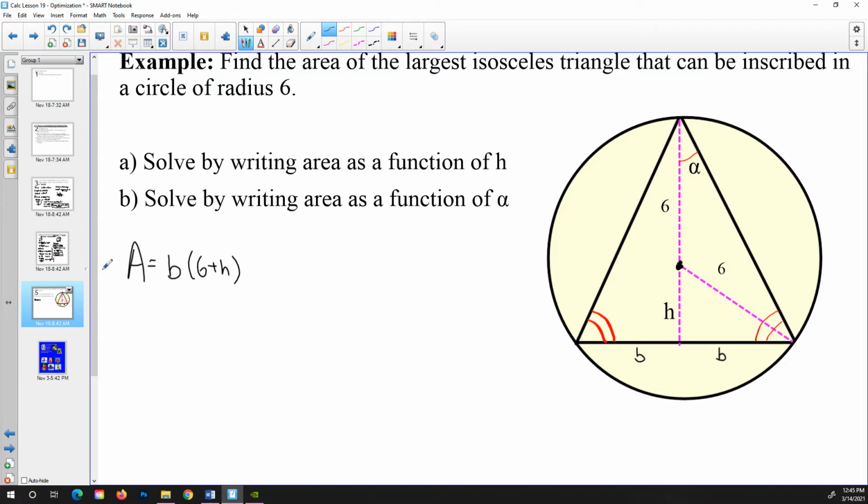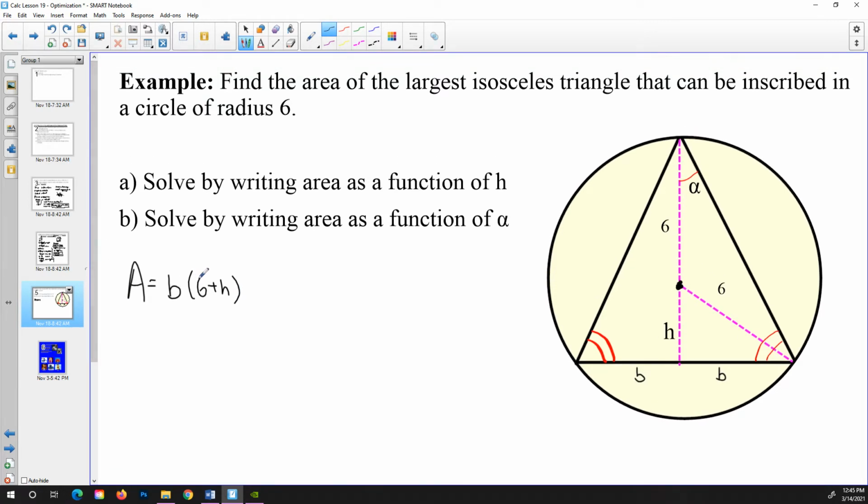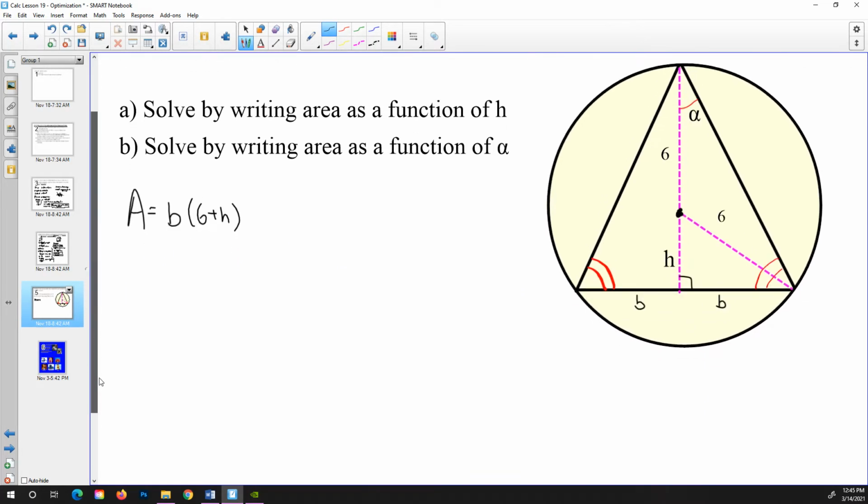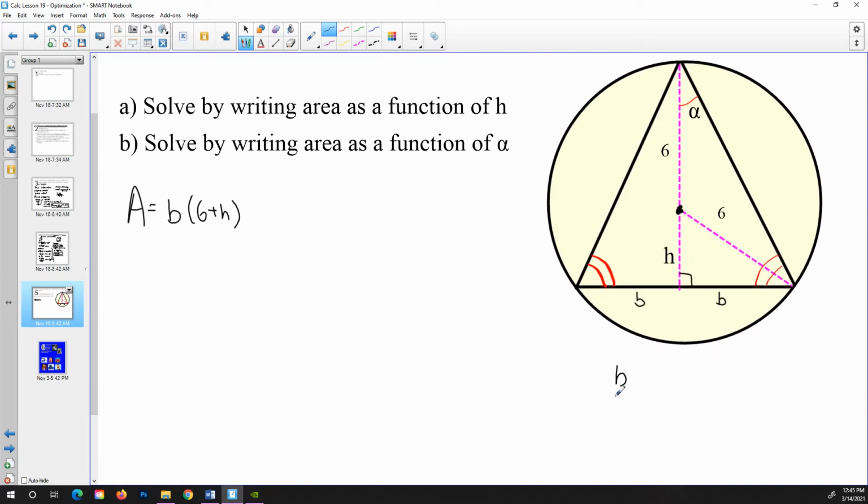Now, here again, I have an equation in two variables. I don't have any additional information to make a secondary equation, but I do have this right triangle right here that is defined in h and b. So what I can do is I can solve for b in terms of h and this 6. And since this is a height here, we know that that's a right angle. So I can say that b squared plus h squared is equal to 6 squared.